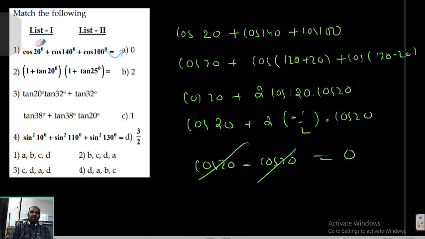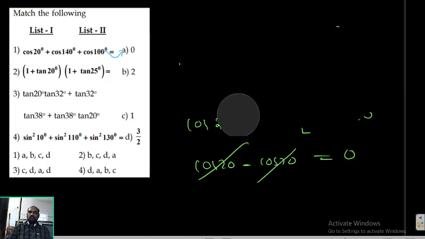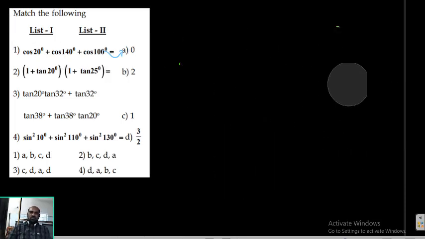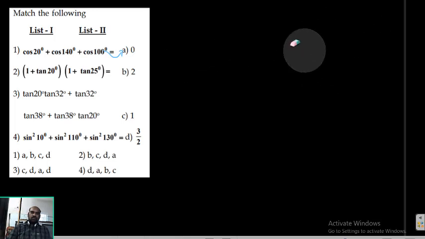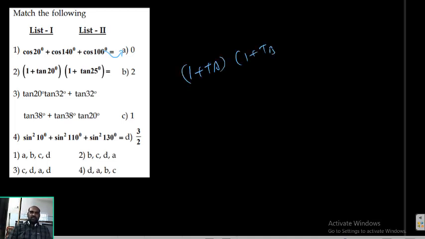Okay, now I want to find the second one. Second one, (1 plus tan A) into (1 plus tan B) equal to 2 if A plus B equal to 45, some angles.